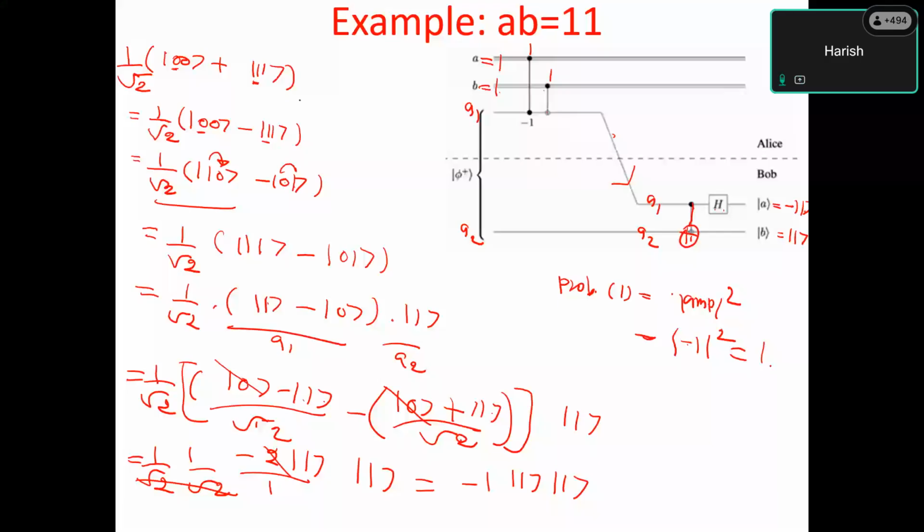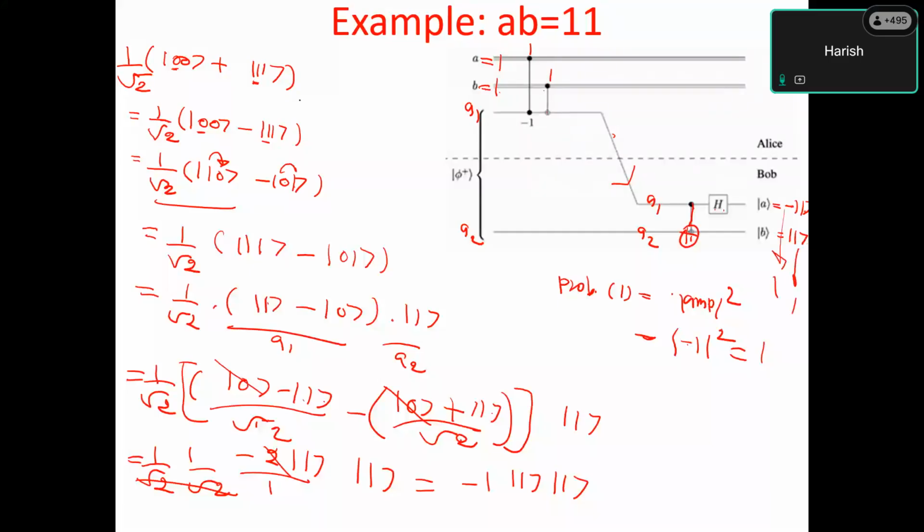So when we do the measurement, we get this thing with some probability. Since the amplitude is -1, it will be plus again. So what we are saying here is that we wanted to send 1 1, and we are observing the -1 state and the 1 state, and if you measure them to classical bits, they will collapse to 1 1 only.